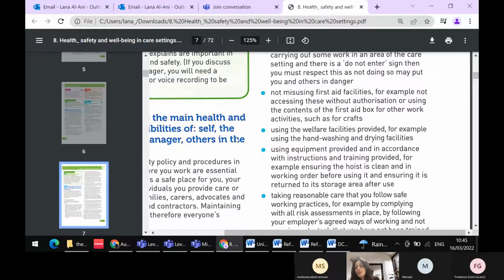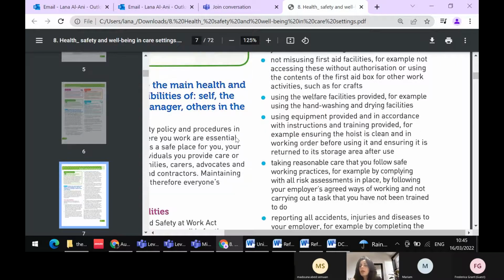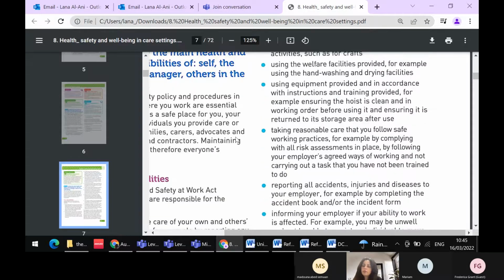Like I always wash my hands, I always dry my hands, I always use PPEs if needed. I always know how to use the equipment properly. If I don't know, I always ask my manager for training. I take reasonable care of the safety of myself and the people I work for.